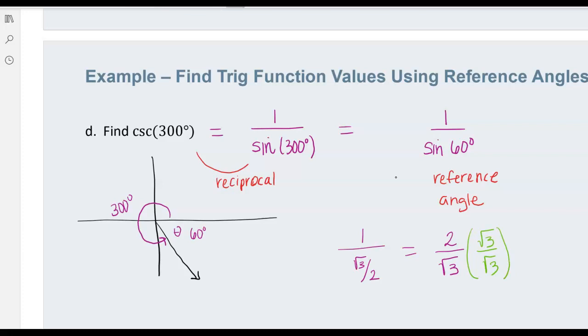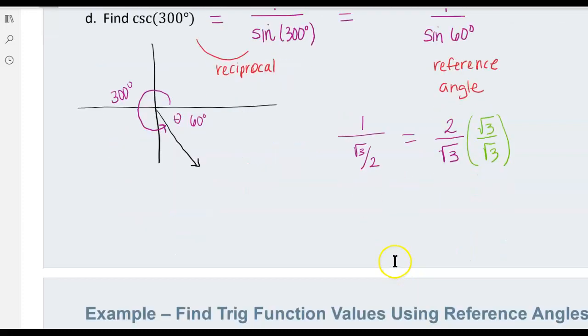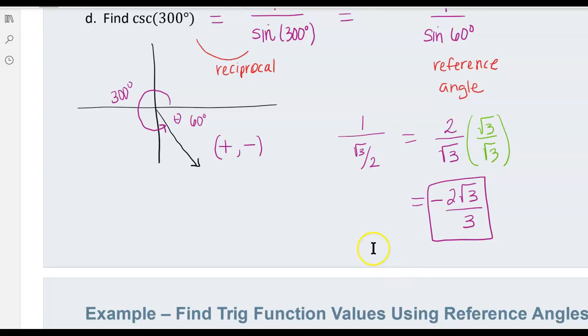So I'm getting 2 times the square root of 3 over 3. And since we're in the fourth quadrant over here, the y-coordinate is negative, so this overall answer is going to be negative. Remember, sine and cosecant are reciprocals, so if the sine is negative, the cosecant will also be negative.